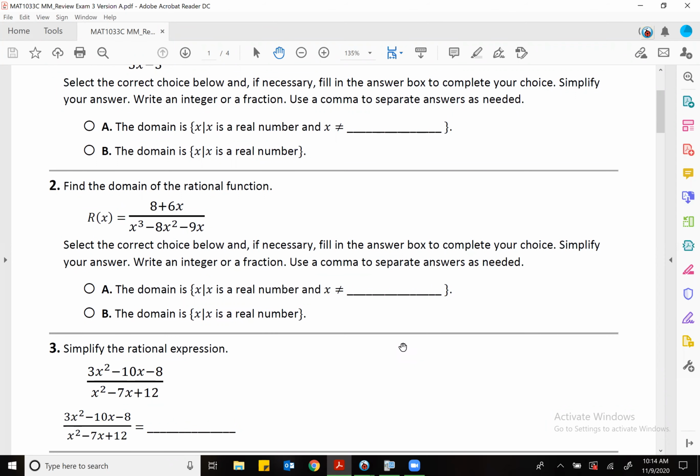Question 2, same thing again. We're going to give you this function R of x, equal to 8 plus 6x all over x cubed minus 8x squared minus 9x. So how do we find the domain of this again?